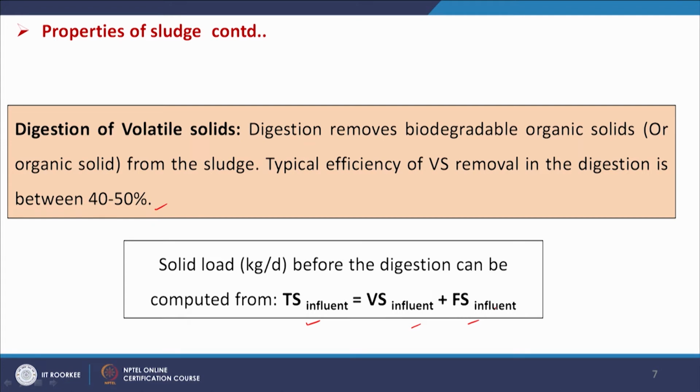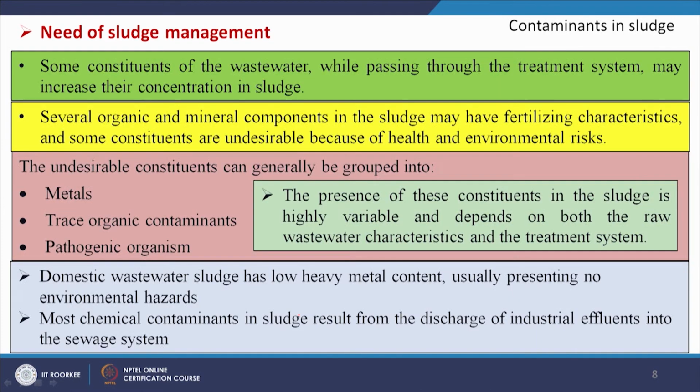So, in the influent, what is the volatile solids and what is the fixed solid. If we get the sum of it, then it will give us the total solid in the influent. So, these are the different properties or formulas we can use to determine the solid content in the sludge.